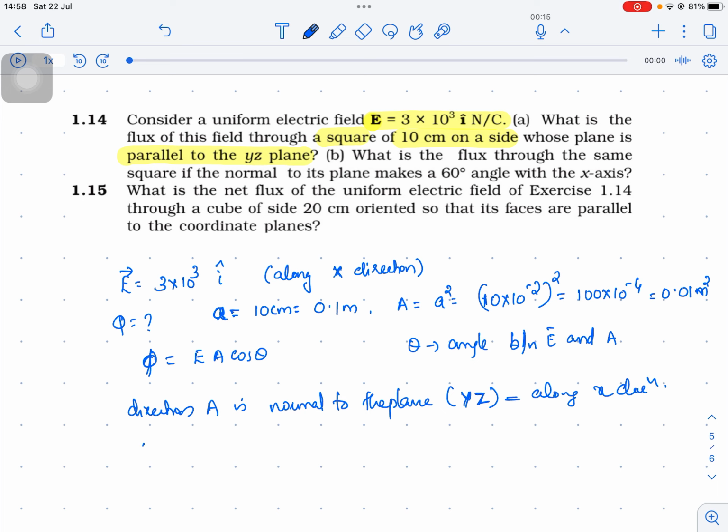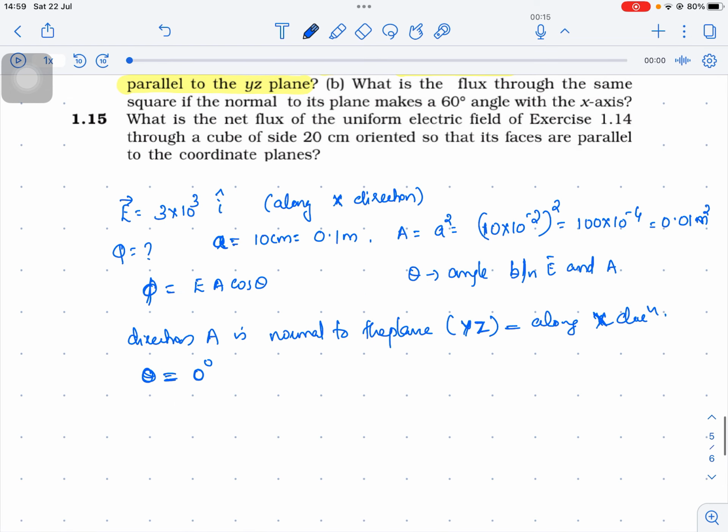That means the angle between the electric field vector and the area vector is 0 degrees, because the electric field is along x direction, as given in the question by i cap. And the plane of the square is along the YZ plane, and the direction of area is perpendicular to the plane, so it will be along x direction. So the electric field is along x, and the direction of area is along x. That means the angle between E and A is 0.